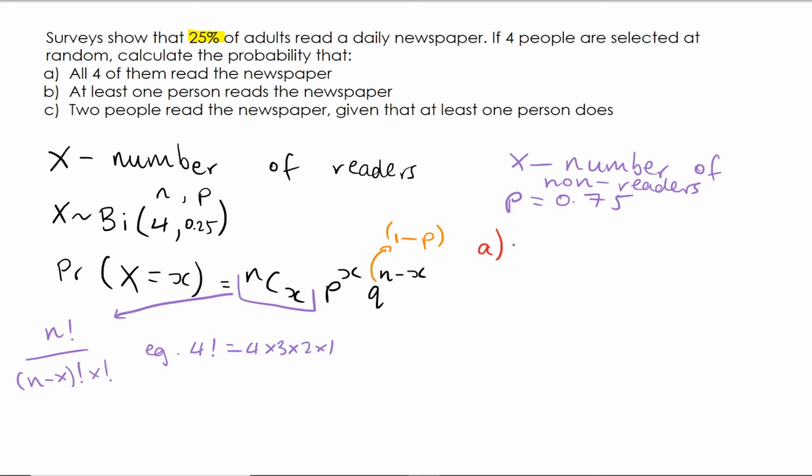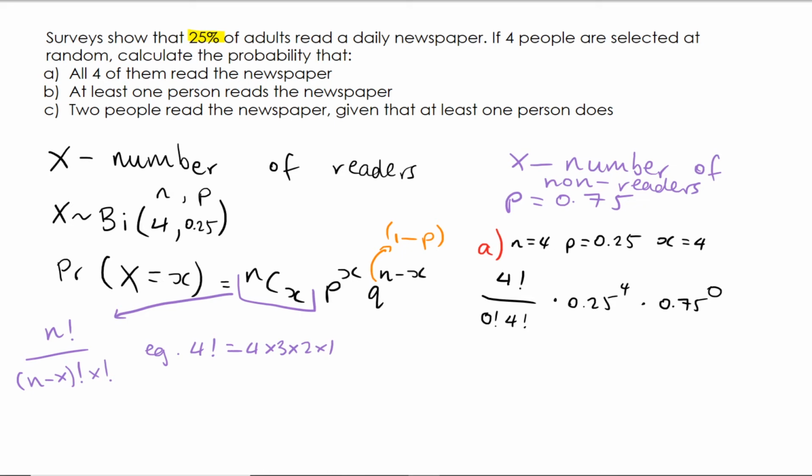So for part A, we know that n is 4, our probability of success is 0.25. We want to know what happens when little x is 4, or how often all 4 people are going to read the newspaper. And we can just plug these straight into our formula. Remember, if P is 0.25, that means Q is 0.75. So for nCx, we're writing 4 factorial over n minus x factorial, 0 factorial, which is 1, and x factorial is also 4 factorial, times P to the x, 0.25 to the 4, times Q to the n minus x, or 0.75 to the power of 0.